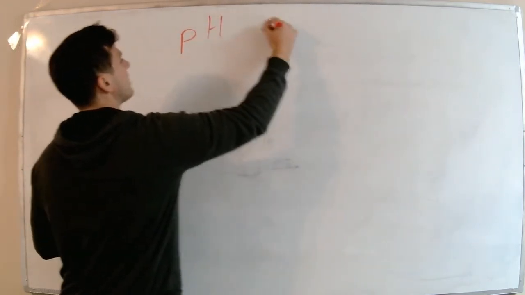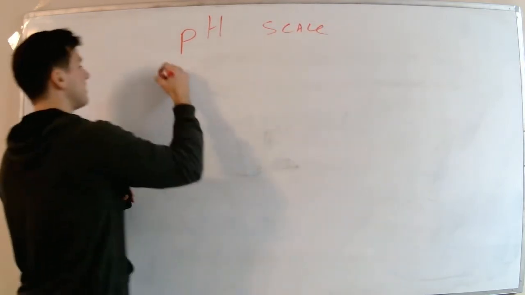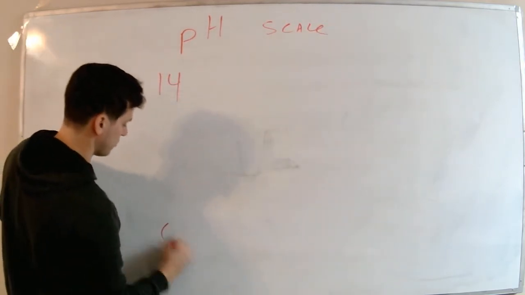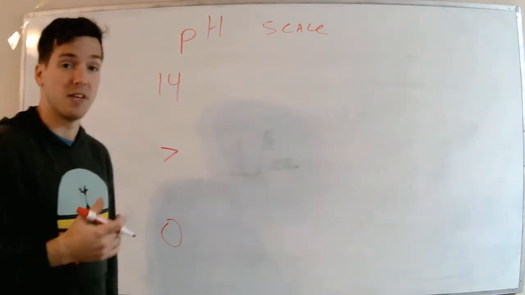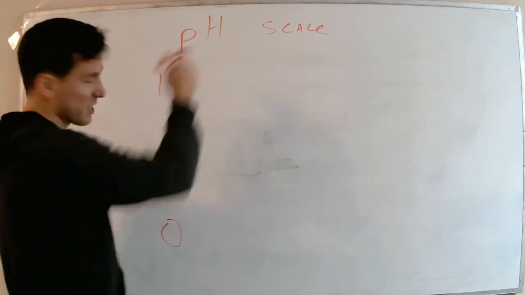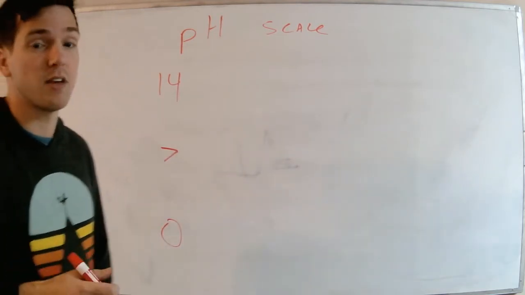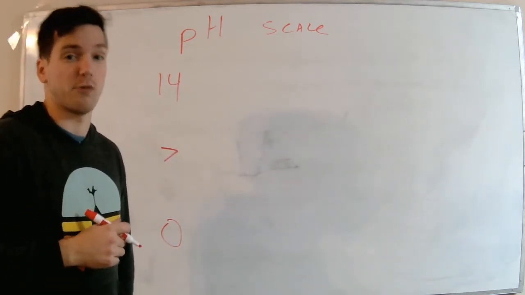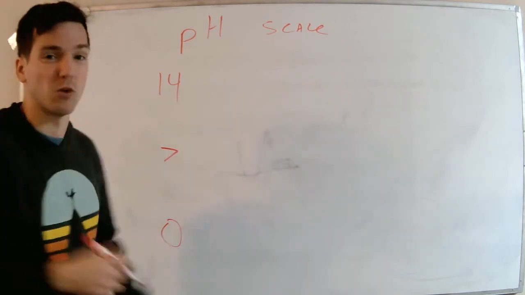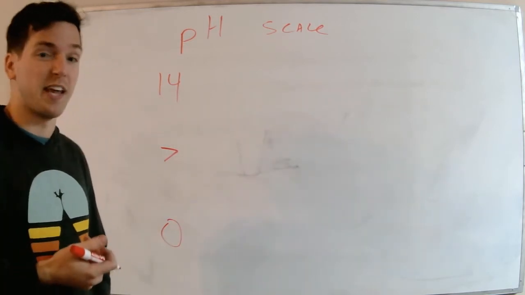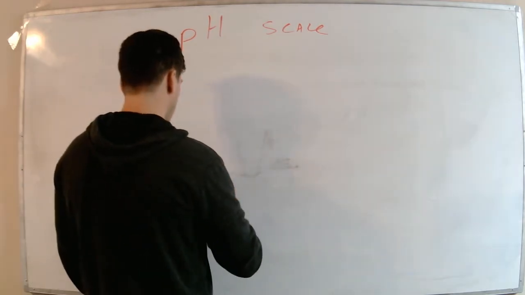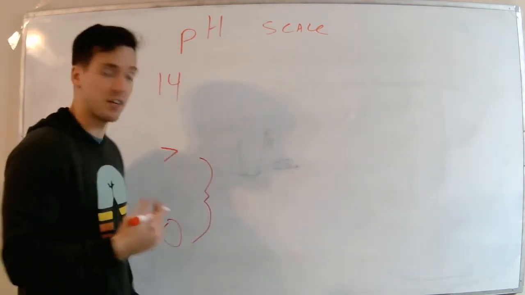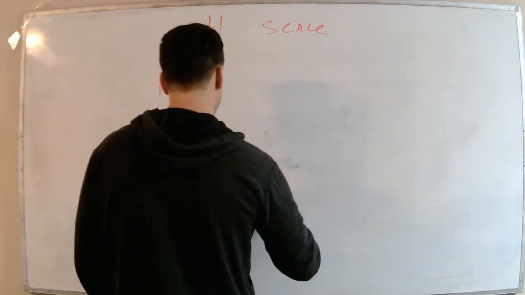But let's talk about the pH scale. The pH scale goes from 0 to 14 with 7 in the middle. The pH scale isn't just restricted to 0 to 14, it can be negative and it can be over 14 as well, but this is the general jurisdiction for our pH scale. Anything from 0 to just below 7 pH is an acid.